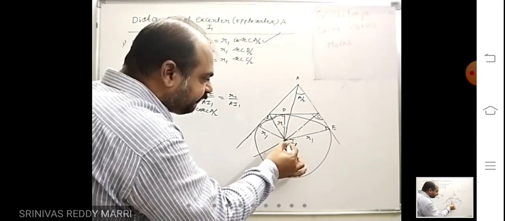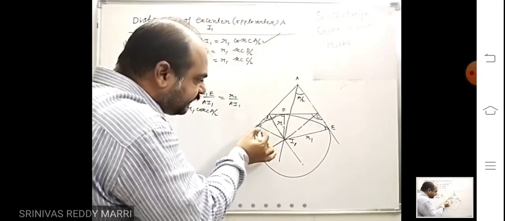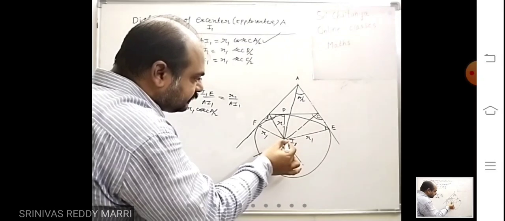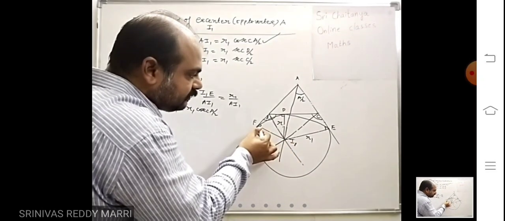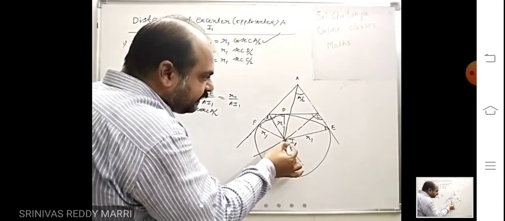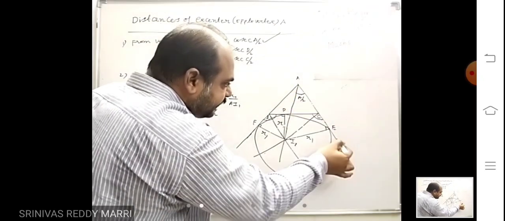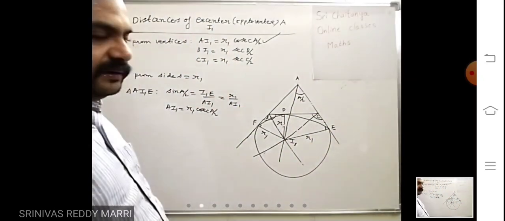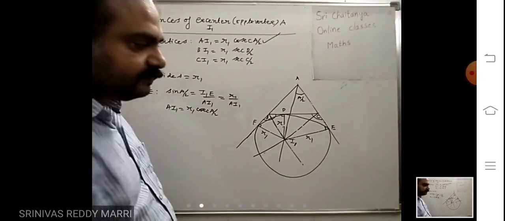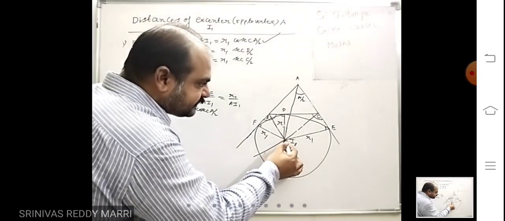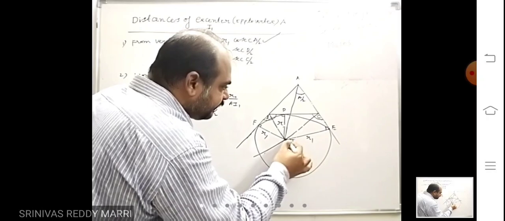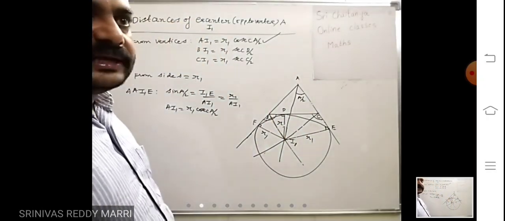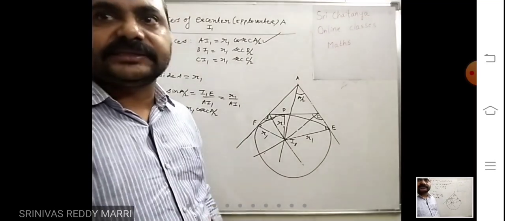If you drop a perpendicular from I1 upon AB extended, this is I1F, let us say. I have dropped a perpendicular from I1 upon AC extended, that is I1E. These three perpendicular distances will be equal. With this as center and this R1 as radius, if we draw a circle, it will touch all the three sides. That is called excircle opposite to vertex A.